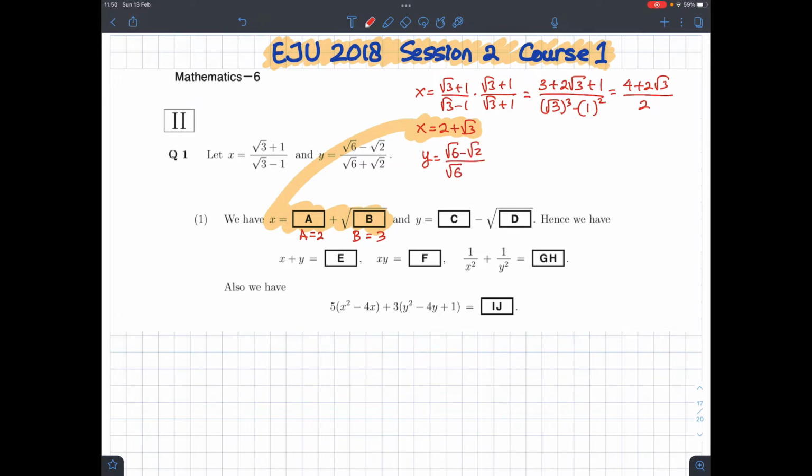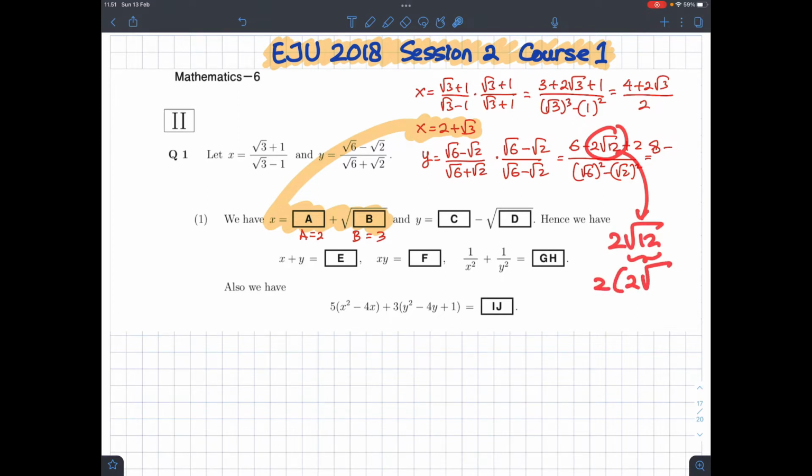The numerator becomes 6 minus 2 square root 12 plus 2, over 6 minus square root of 6 squared minus square root of 2 squared, and 8 minus 2 square root 12. 2 square root of 3, and this becomes 4 square root of 3.